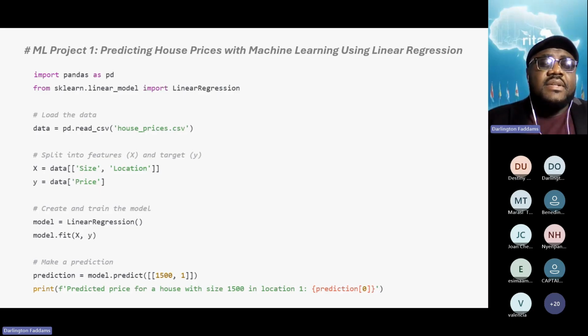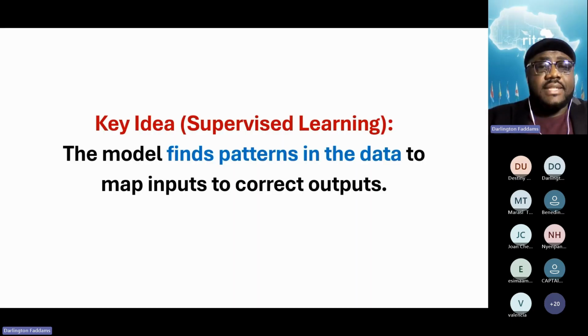So there's a project. This is a previous project, and this was a supervised learning model that we built previously. We've already gone through this. Now, the key idea of supervised learning is that the model finds patterns in the data to map inputs to correct outputs.